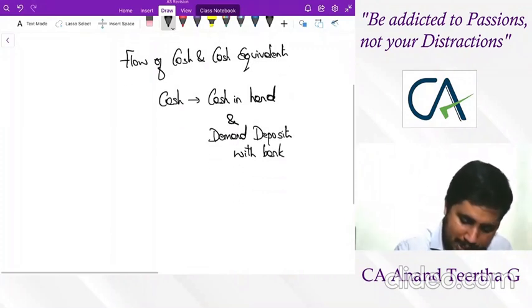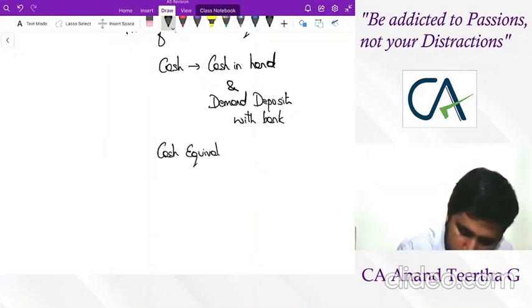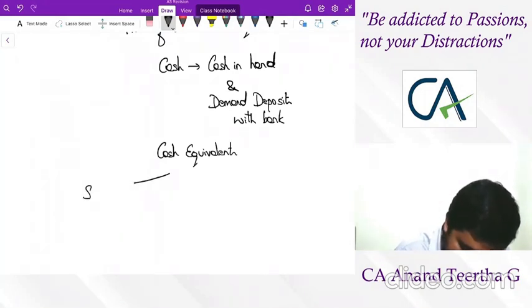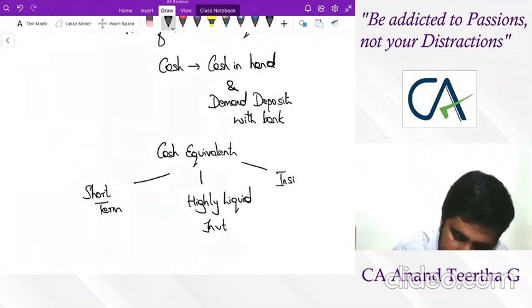What do you mean by cash equivalents then? First, it is a short-term, highly liquid investment which has an insignificant risk.